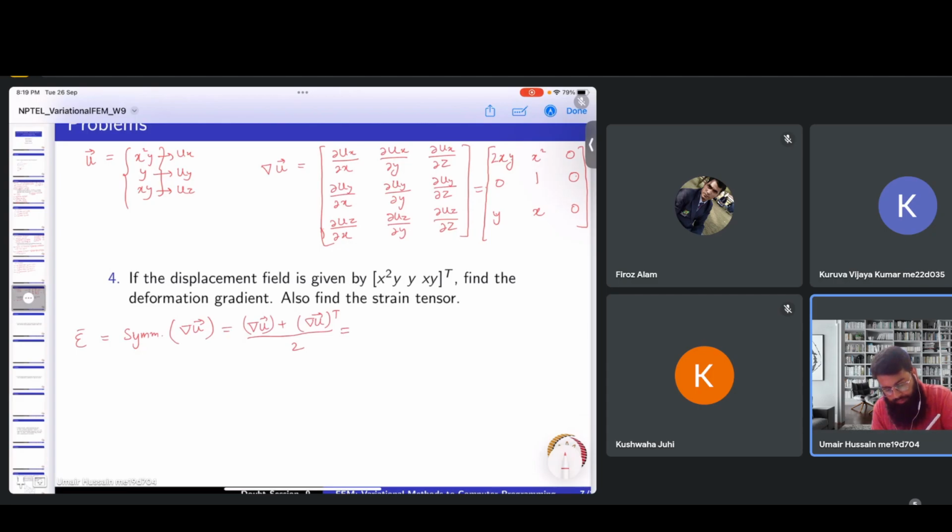So we take this matrix 2xy, x square, 0, 0, 1, 0, y, x, 0, and we add its transpose. That would be 2xy, 0, y, x square, 1, 0, 0, 0, 0.